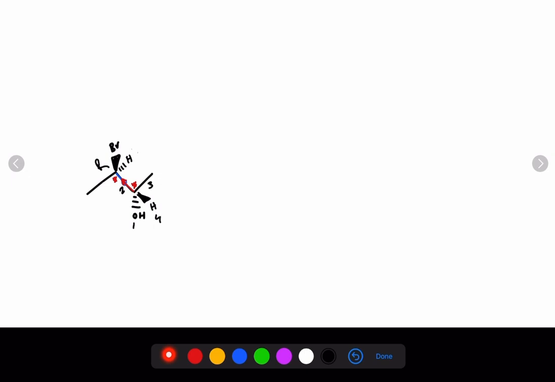Now the hydrogen's on a wedge, so it's coming towards us. So we'll figure out R/S configuration like this, and then reverse it, so that way we get the configuration as if the hydrogen was pointing away from us. So this looks like it's going to be clockwise, or R, but it's actually S.